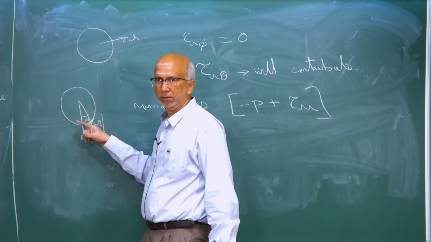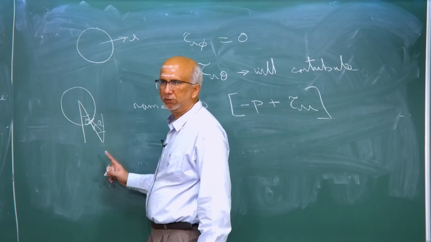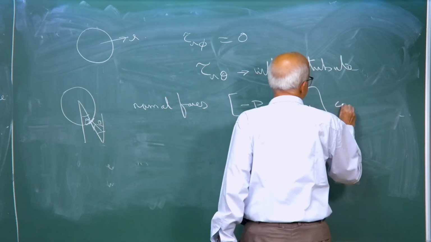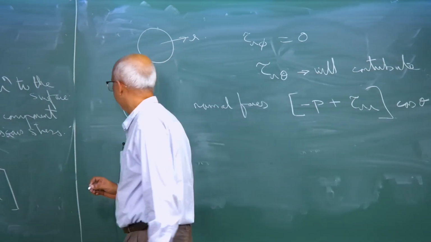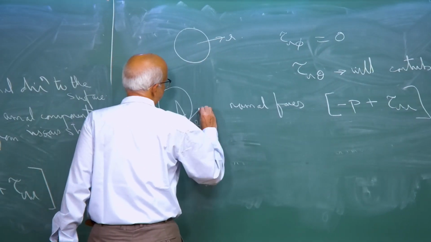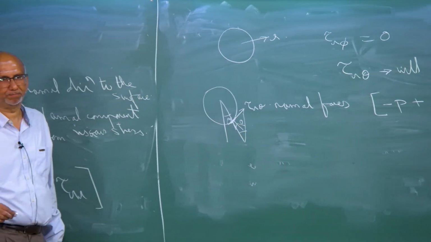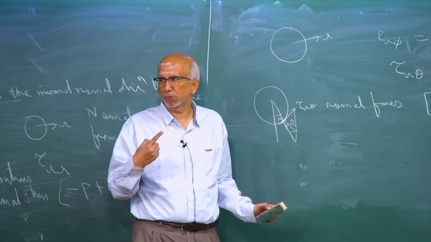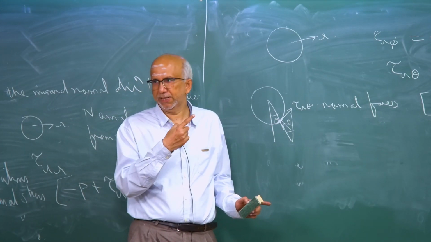This angle is theta, so this is cos theta. And tau r theta, remember, is defined like this, and if the normal component is cosine, tau r theta has to be sine.